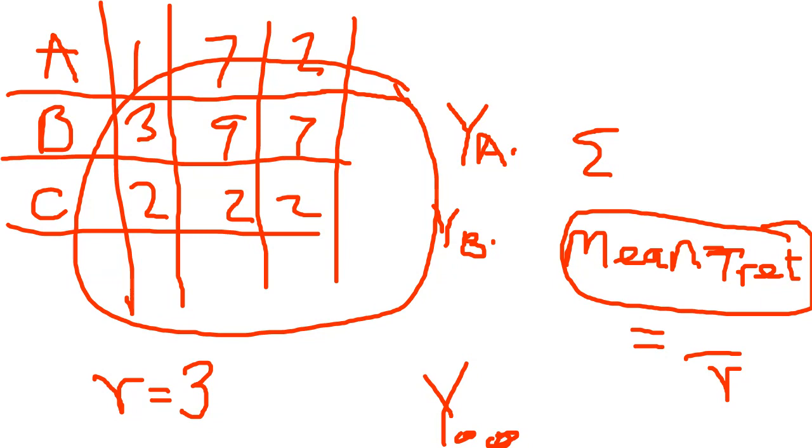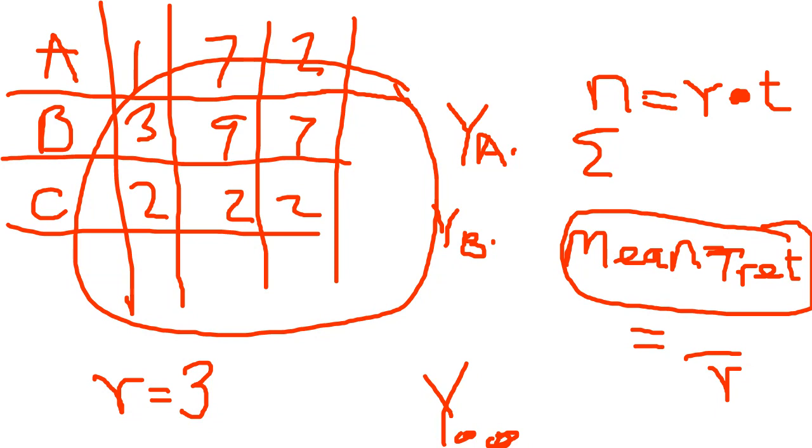And now the last notation that maybe I can explain is N. N is equal to the number of replications multiplied by the number of treatments.